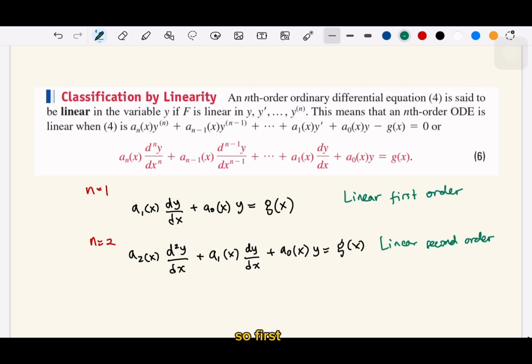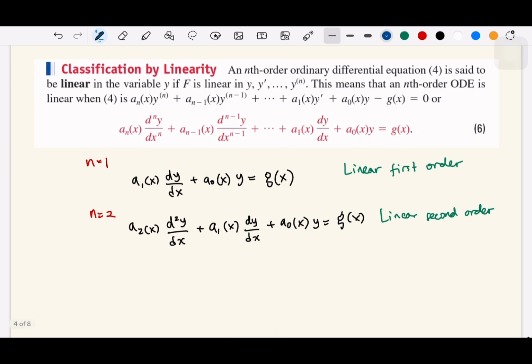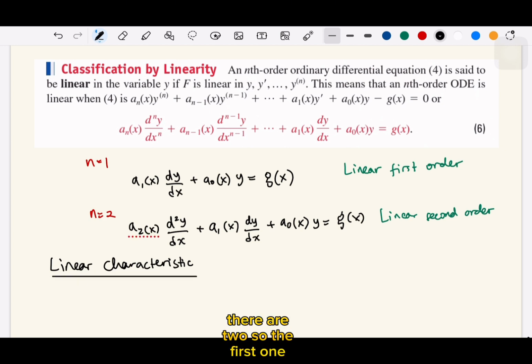So first, how to check the linearity? Okay. I said before that the coefficient and the dependent variable are also important. So how to check linearity? The linear characteristic: there are two.